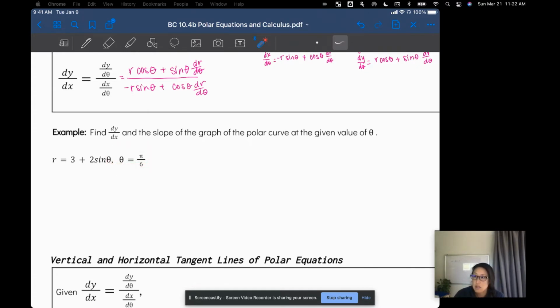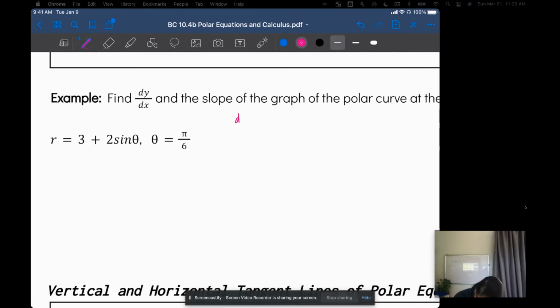So I want dy dx, which is comprised of r cosine theta plus sine theta dr d theta over negative r sine theta plus cosine theta dr d theta.